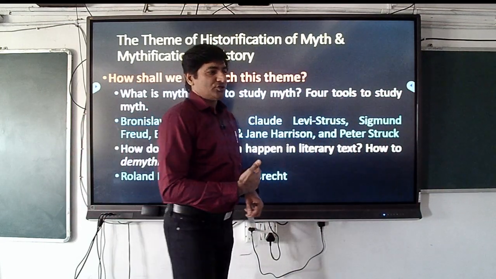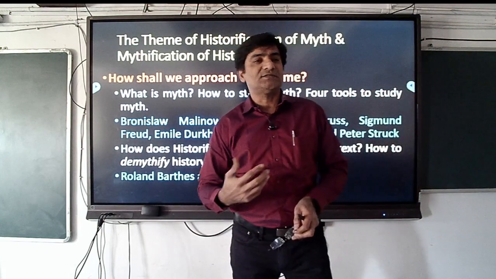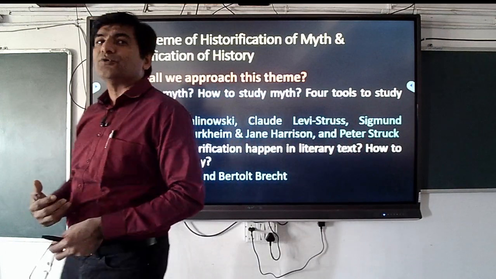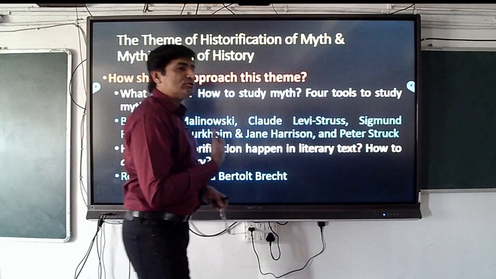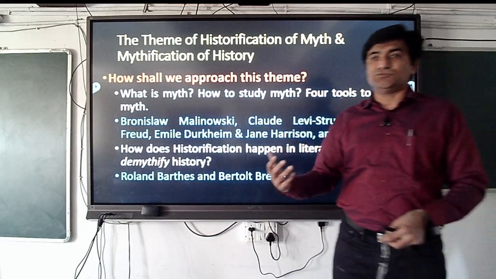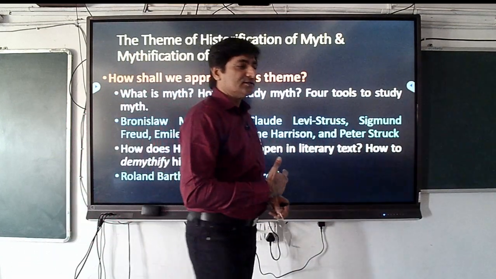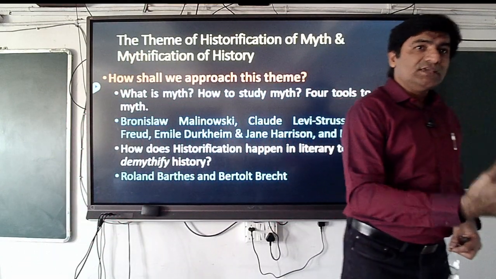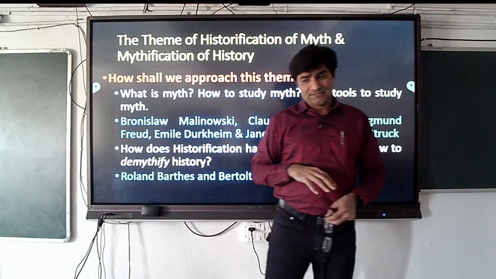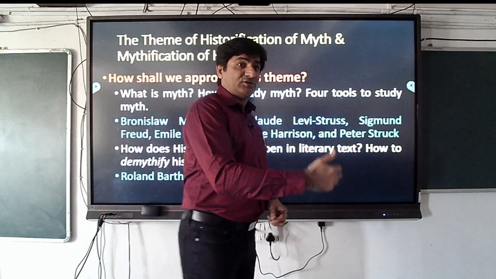This approach can be applied for any sort of mythical study, or specifically the study of myth also, or wherever a writer, novelist, or a poet is trying to make use of myth as a tool for the narrative. There also it can be used. In our novel, Gun Island, Amitav Ghosh is making use of the myth, and then he is telling something that is historical and something that is quite contemporary also.